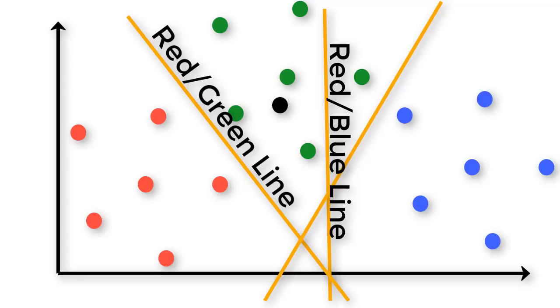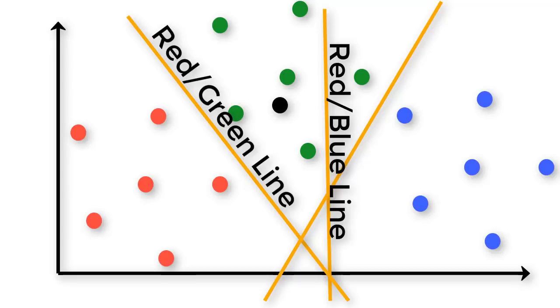First, we'll check to see whether this point falls on the red side or the blue side of the line separating red and blue. If the point falls on the red side, we know that the point is not blue, but we don't yet know whether the point is red or green.